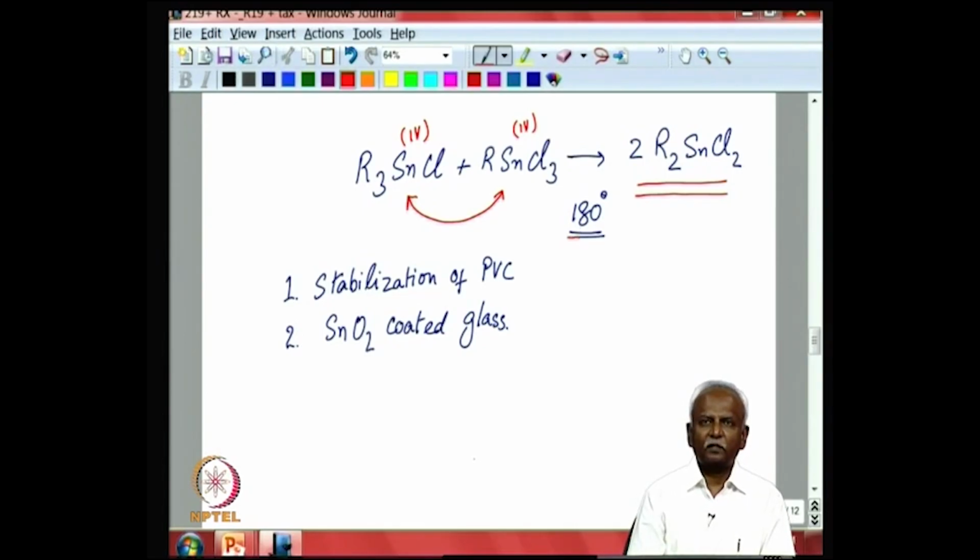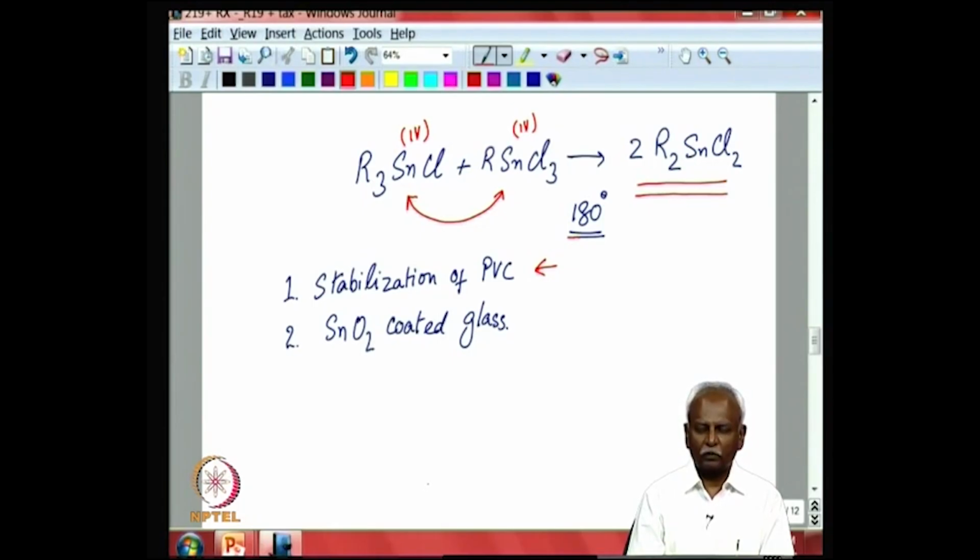And R2SnCl2 is an important intermediate which is used in the stabilization of PVC. What happens is you can use tin chlorides, tin alkyls as molecules which will absorb hydrochloric acid, HCl, that is evolved during the making of PVC.